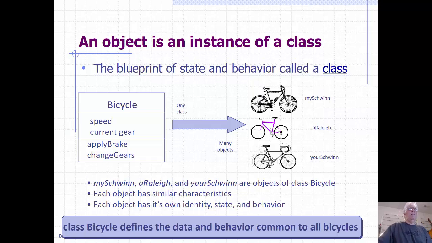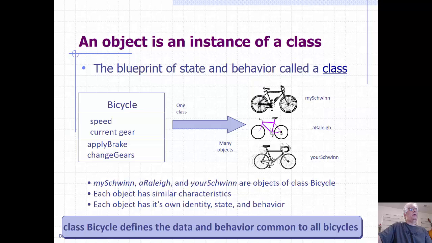So here we have a bicycle called My Schwinn. My Schwinn is an object that is an instance of the bicycle class. We can also have an object called a Raleigh. A Raleigh is an instance of the bicycle class. And here we have one called Your Schwinn. Your Schwinn is also an instance of the bicycle class.